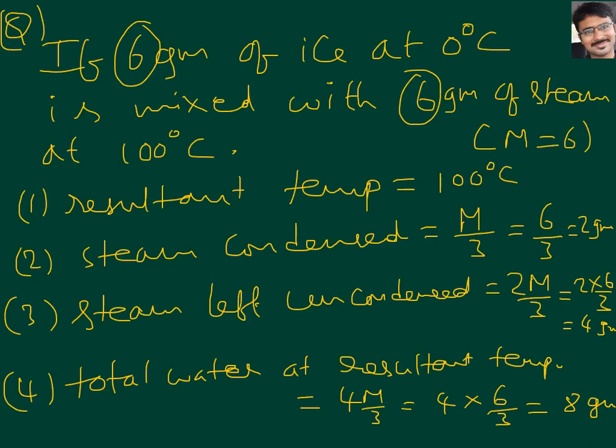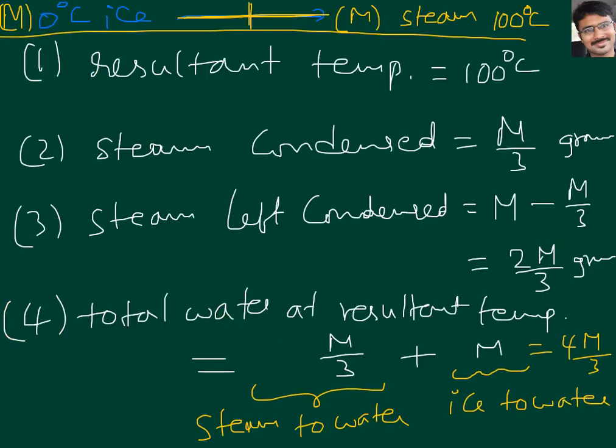So whenever they have given the same mass of ice and steam, with ice temperature 0 and steam temperature 100, we can blindly follow these results for solving the problems. No need to derive all those things again. You can follow the formulas I mentioned, take all these conclusions, and just substitute the given value in place of m.